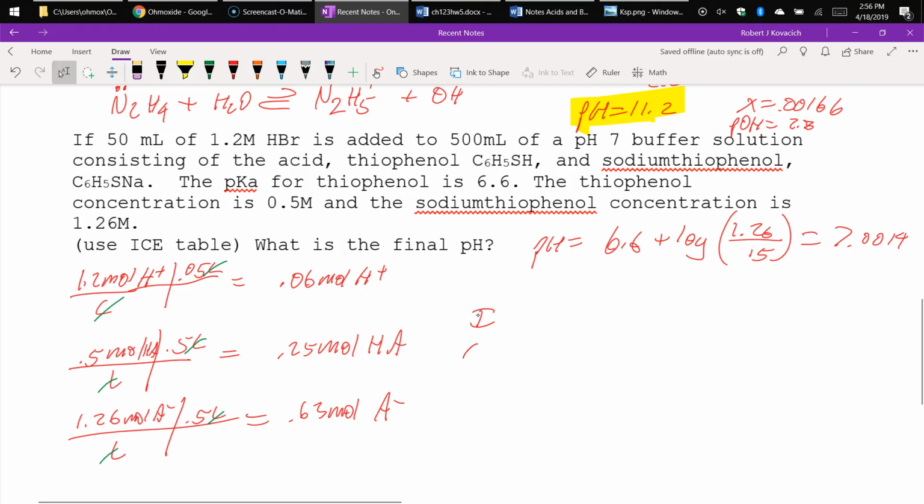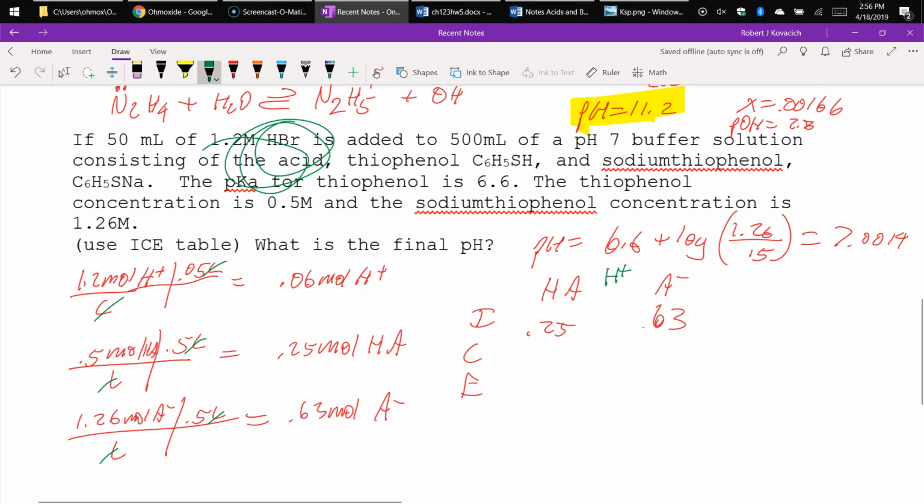So I've got an ice table here. Weak acid, salt of the weak acid, 0.25, 0.63. All right, so I'm adding an acid. What's going to be consumed? The way to answer this is we put an acid in, HBr, and so that's going to turn into an H plus.